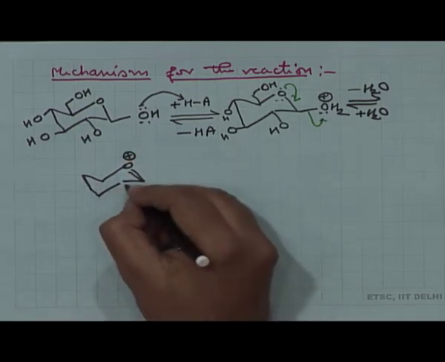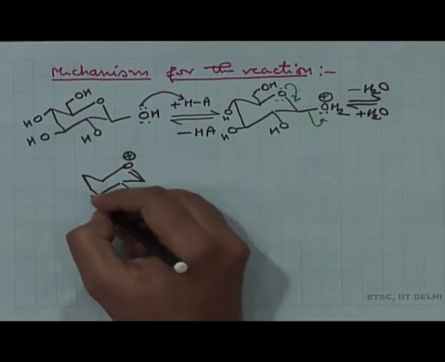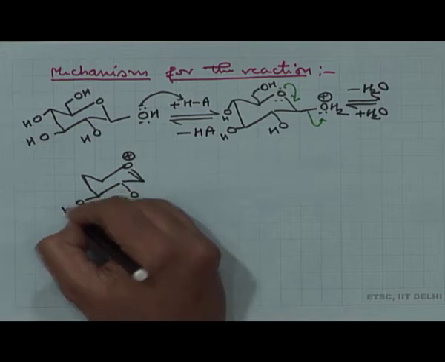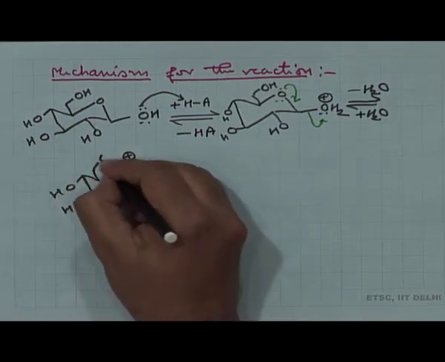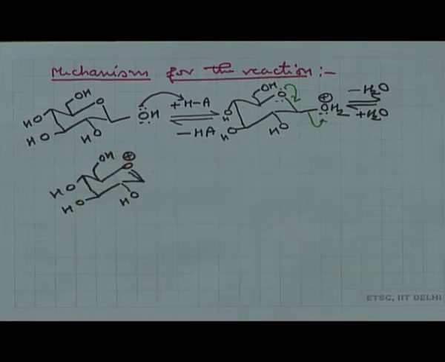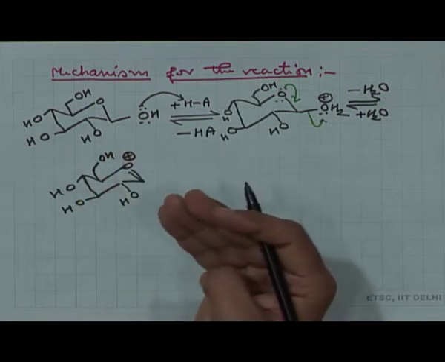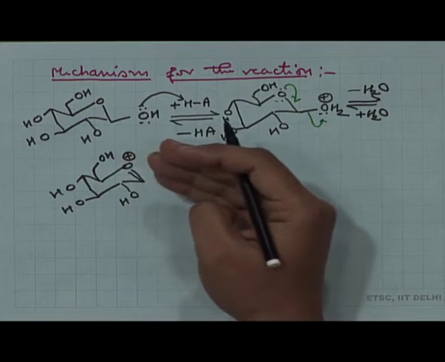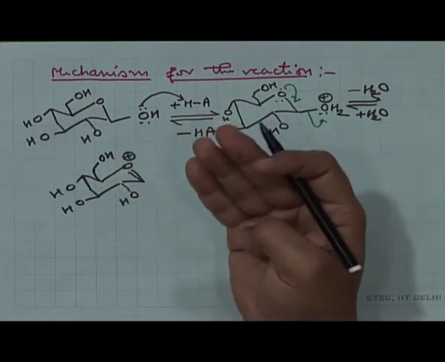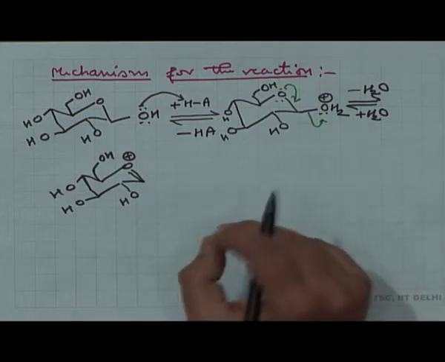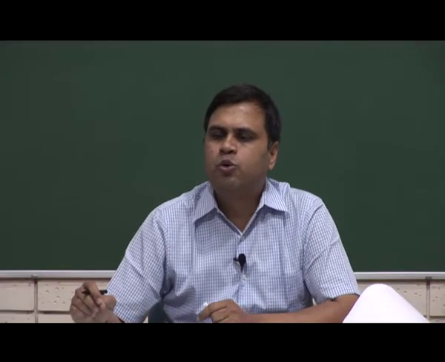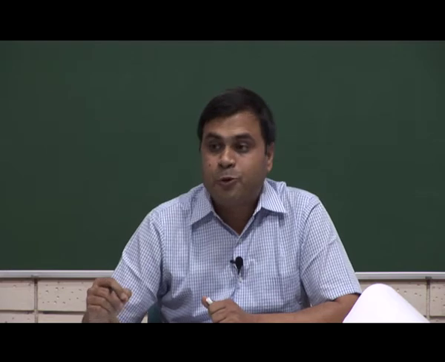You can see here, now we get the oxonium species. This oxonium species, which is sp2 hybridized, has two faces for attack, and after the attack these two faces will give the corresponding two glycosides.